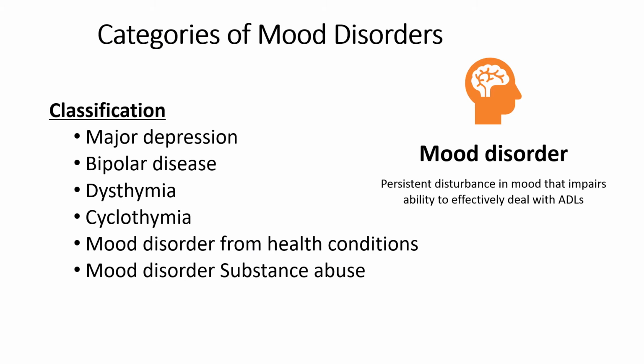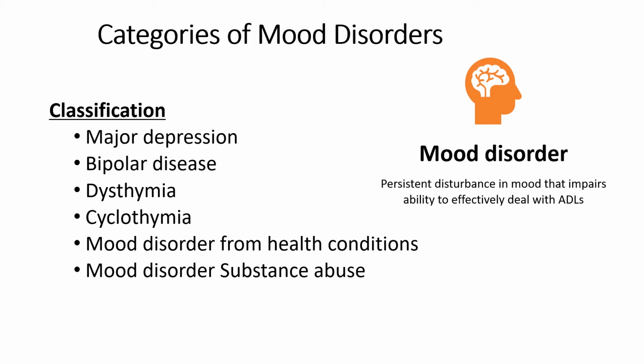Okay, so categories of mood disorders. We reviewed this in the previous module. They're listed here, and on the next slide, we can maybe spend a couple of minutes as a reminder of the spectrum of mood disorders. Okay, major depression, bipolar, dysthymia, cyclothymia. There are mood disorders that are directly associated with the health condition that you have.